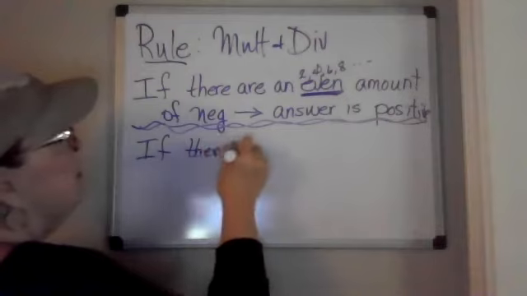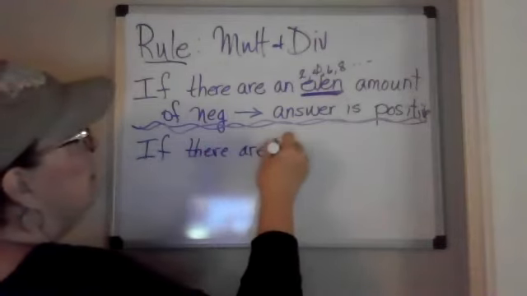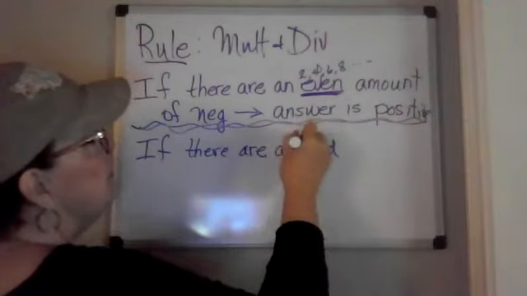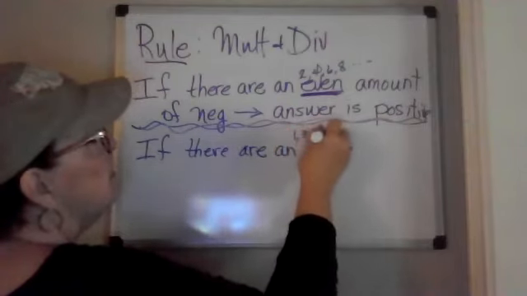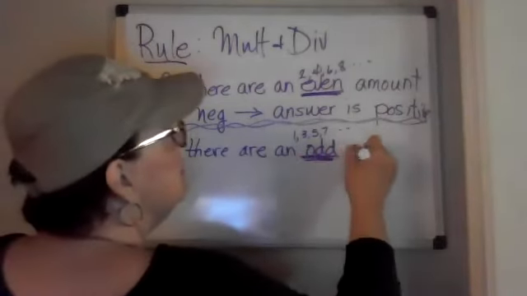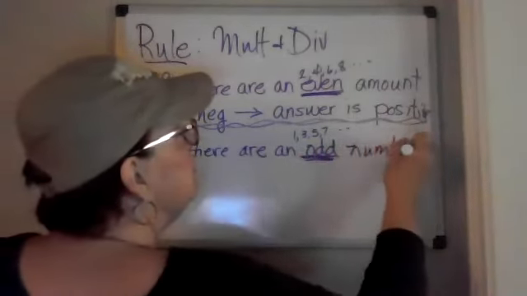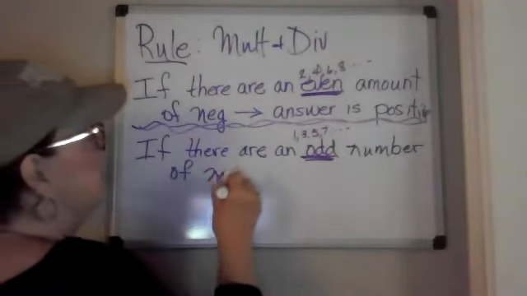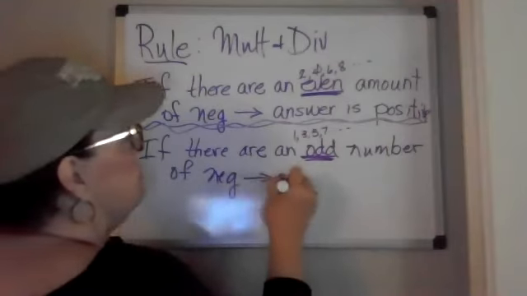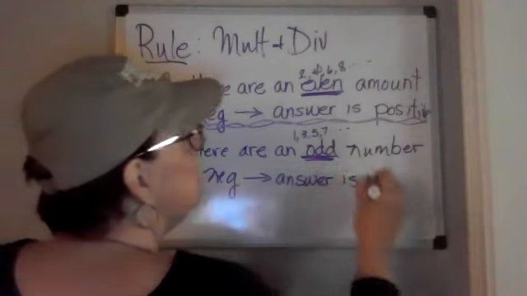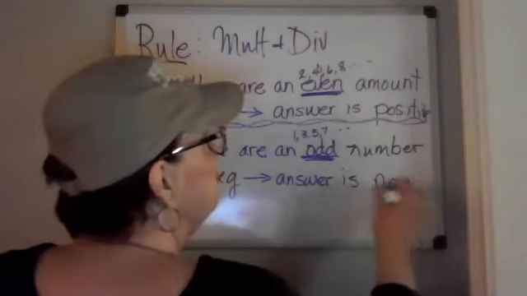If there are an odd number, odd is 1, 3, 5, 7, of negatives, the answer is negative.